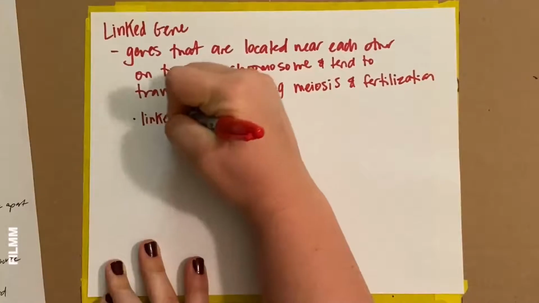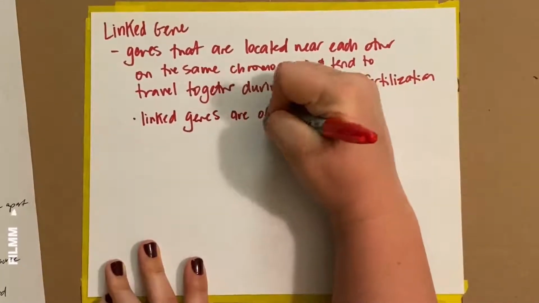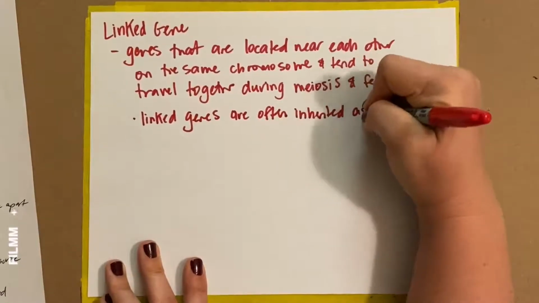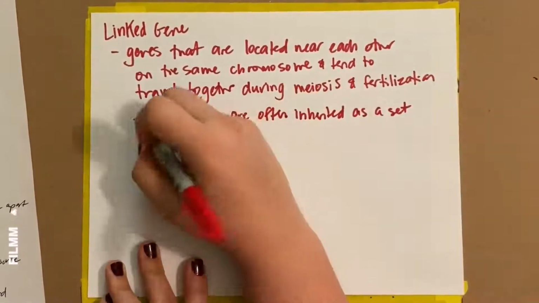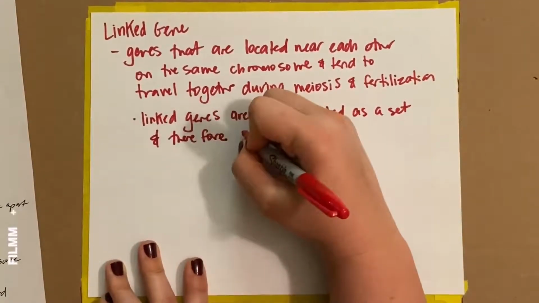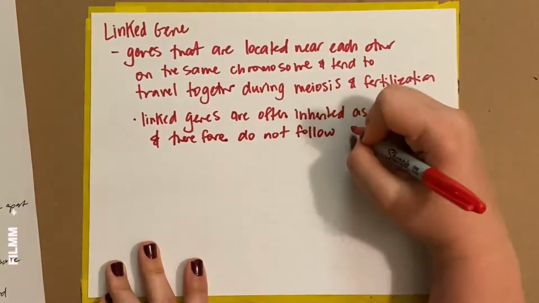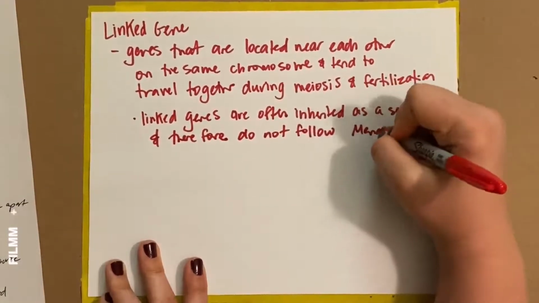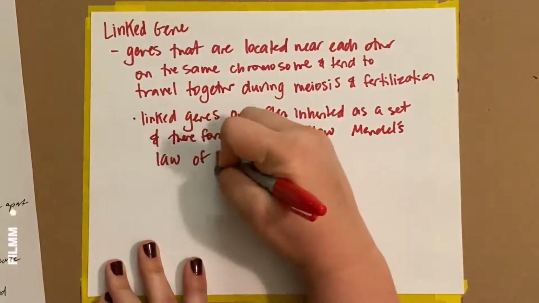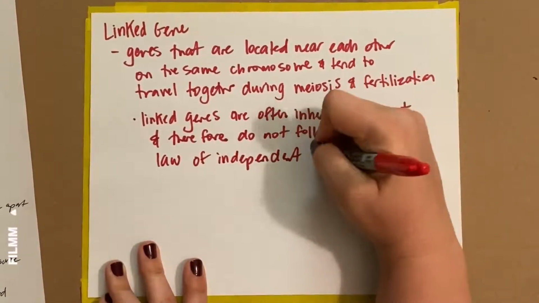Linked genes are often inherited as a set, and therefore do not follow Mendel's law of independent assortment.